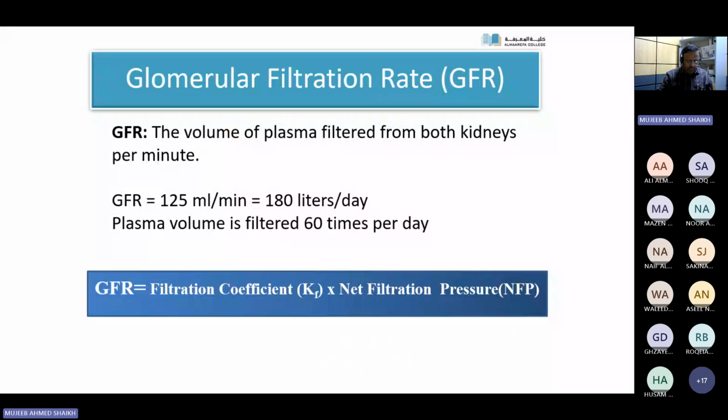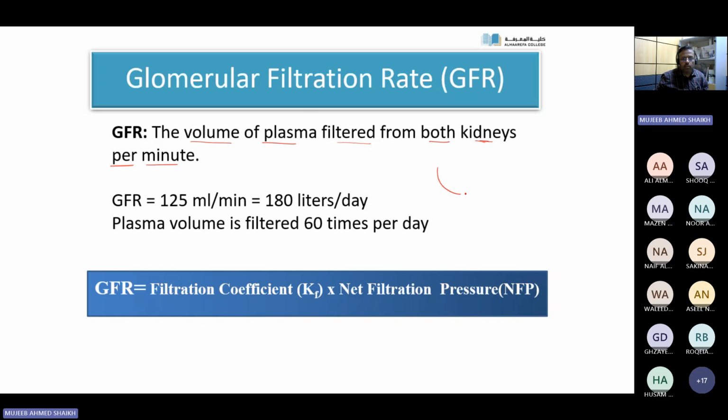First is the definition. What is the definition of glomerular filtration rate? It is the volume of plasma filtered from both kidneys, in all the nephrons of both the kidneys, in how much time? Per minute, in 1 minute.